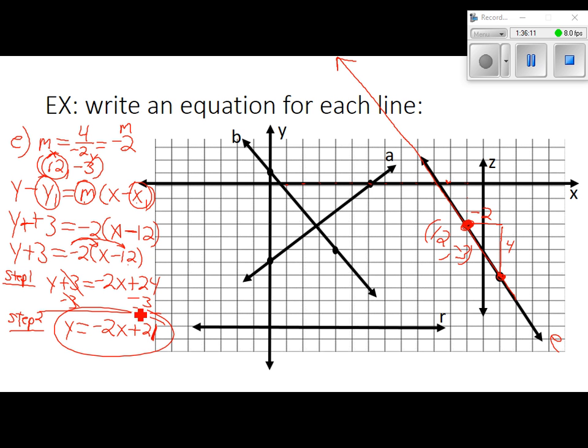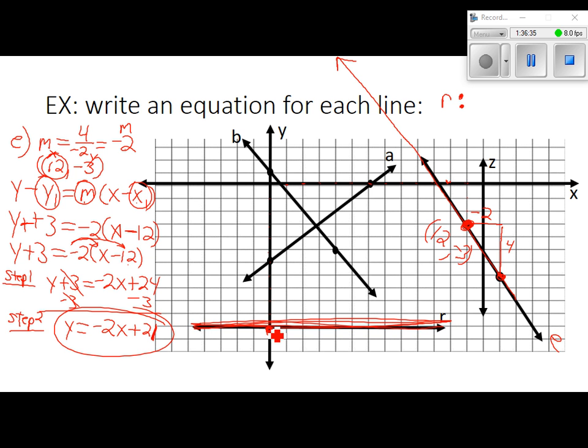The other 2 lines on here, R and Z, let's do R. When we look at R, it is a horizontal line. All you got to do to write an equation of a horizontal line is figure out what this point right here is. 1, 2, 3, 4, 5, 6, 7, 8, 9, 10, 11.